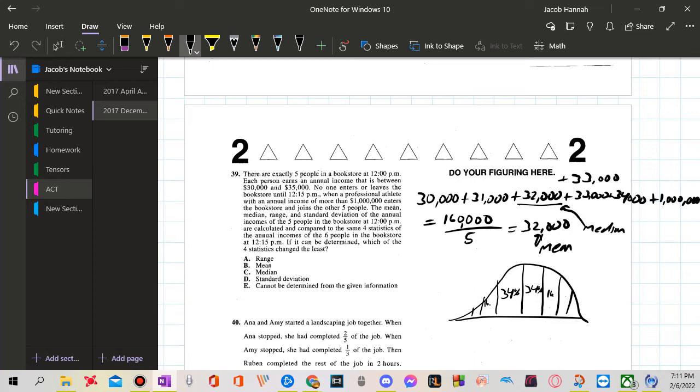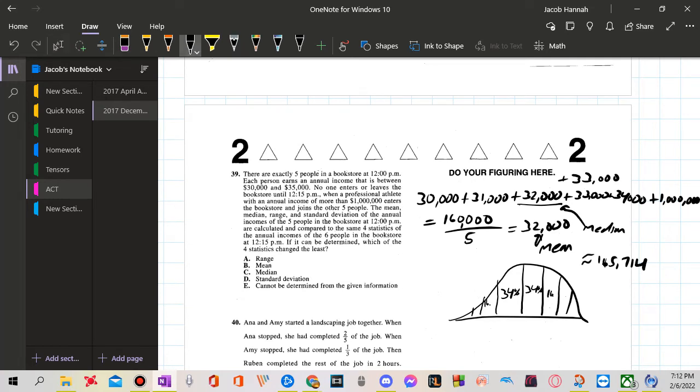the most. So if someone walks in who makes $1 million, the mean's going to be all this stuff added together divided by 6 now, which will come out on your calculator to about 165,714 ish.